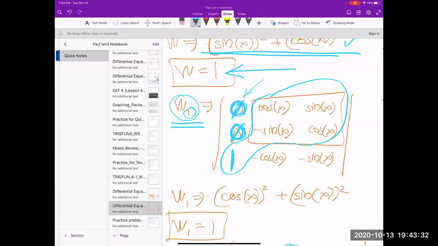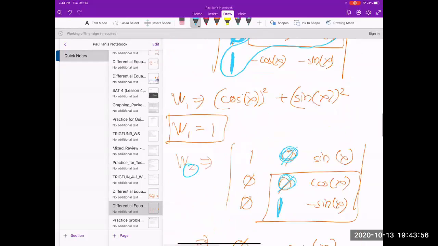For W1, you get this guy. You zero out the first row and second row, the one would be the third, and then you do the determinant. For W1 it's 0, 0, 1. W2 would be 0, 1, 0, and W3 is 1, 0, 0.